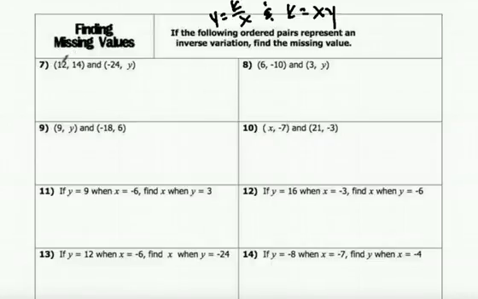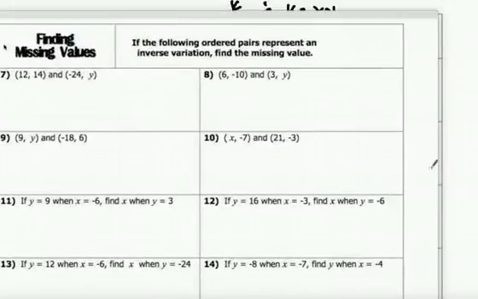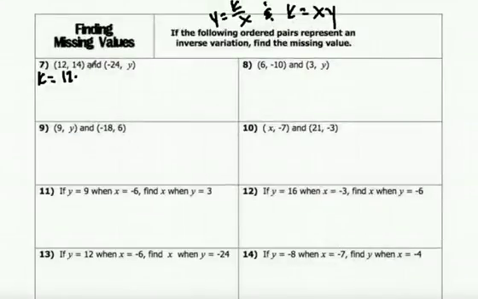First, we have to start with the set of parentheses that include both x and y. And so we're going to use k equals xy to find out what our k would be equal to. So we have k equals 12 times 14. Well, 12 times 14 gives me 168. So now I'm going to use y equals k over x and plug in the information that I know.